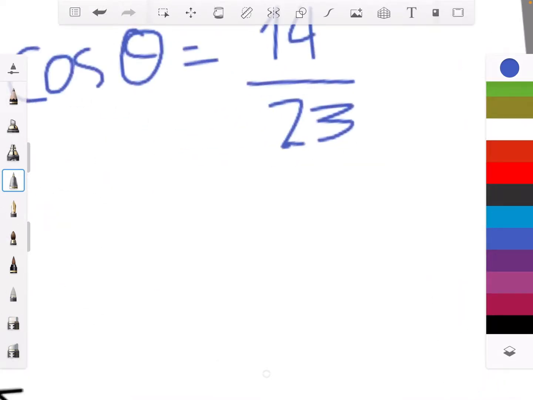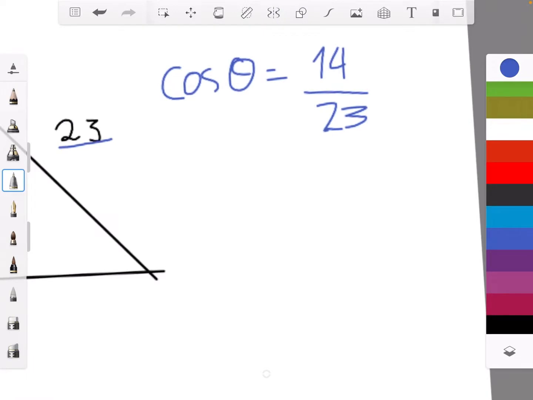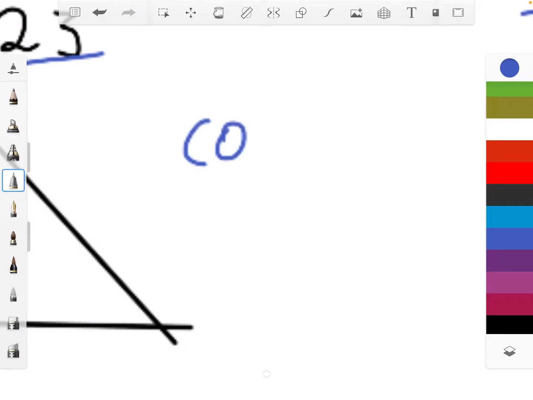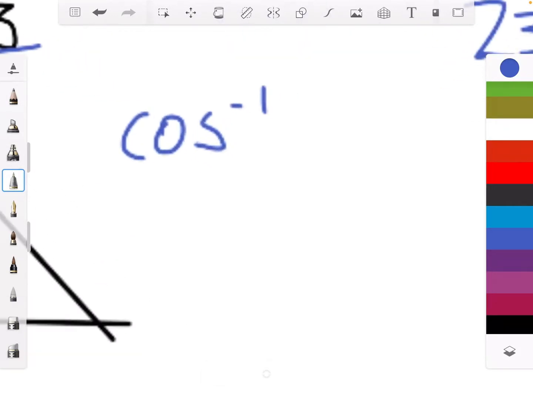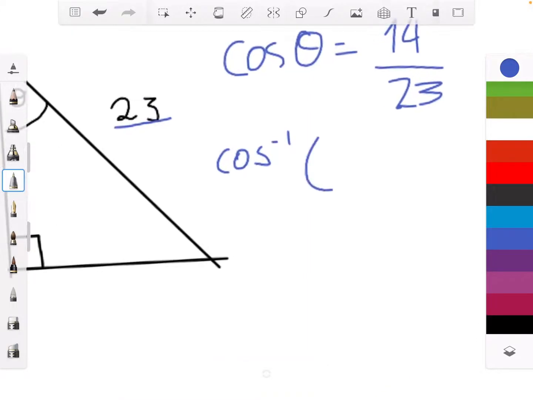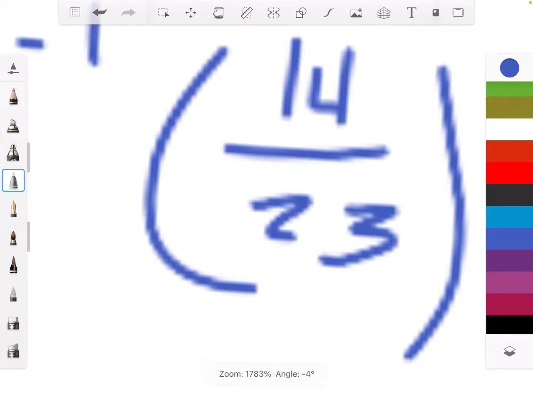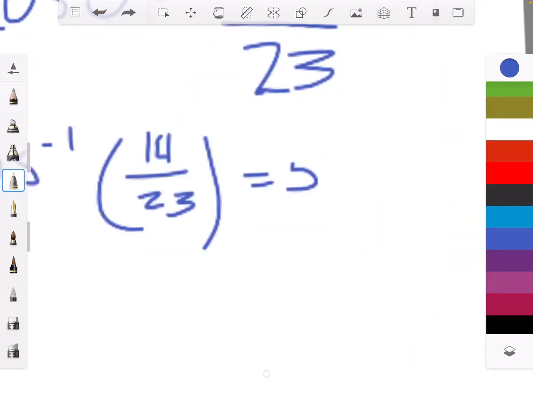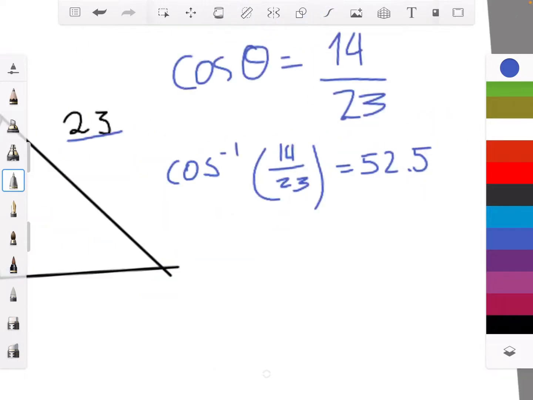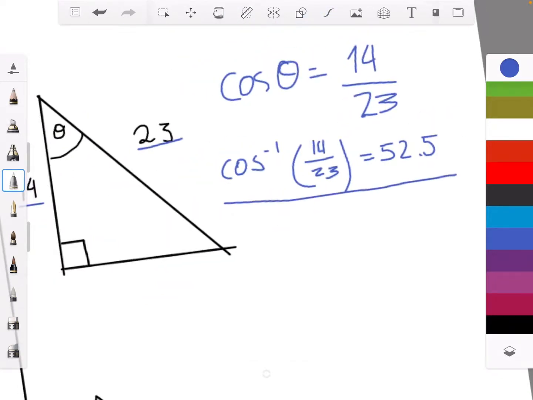Again, you cannot put this into your calculator just like this. What you have to put inside the calculator is cos minus 1, inverse cos. Okay, and then 14 over 23. Your answer will be 52.5.